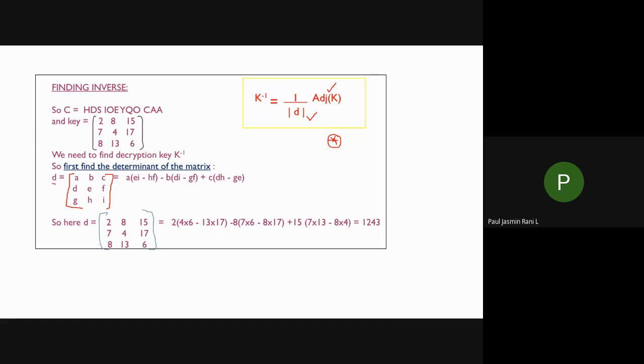Let us see how to find its determinant. First, take the element at position 1,1, that is A. A into the cofactor of A. The cofactor of A is E into I minus H into F. So that is A of (E into I minus H into F).